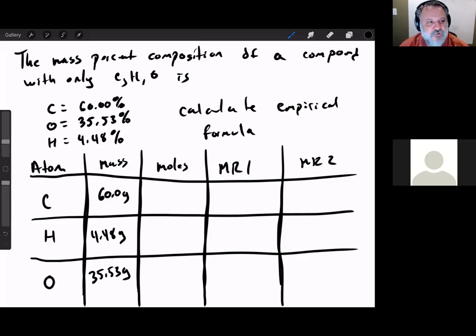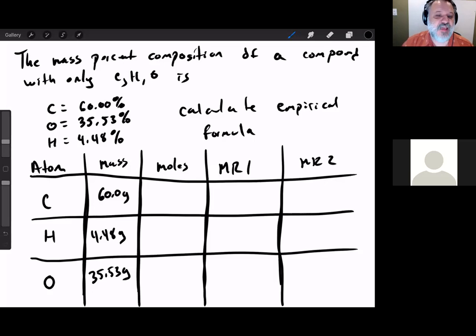And this is the first example in all of chemistry where in order to solve a problem, you have to make an assumption. You have to say, well, I'm given some data, but the data that I'm given isn't what I use to solve the problem.